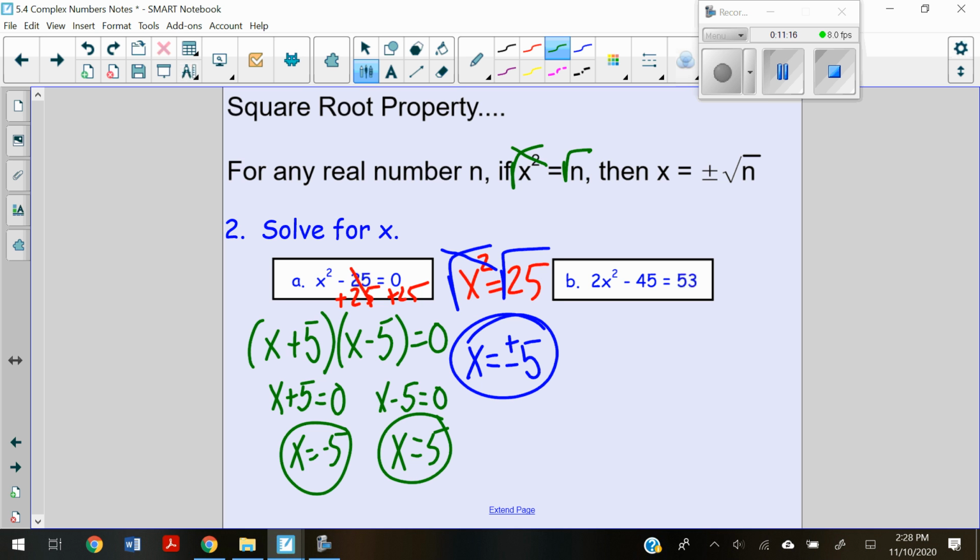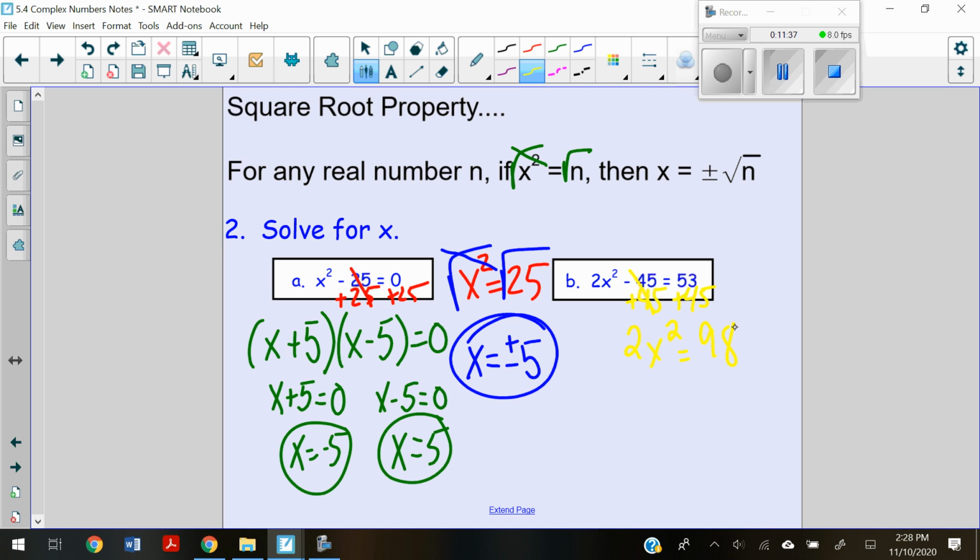All right, so let's go ahead and look at this next problem. I am going to start off by adding 45 to both sides to work on getting my x squared term alone. So 58 plus 45 comes in at 98.